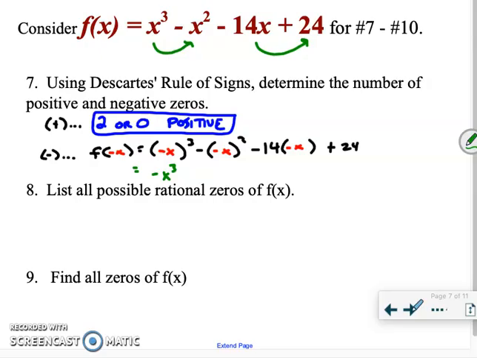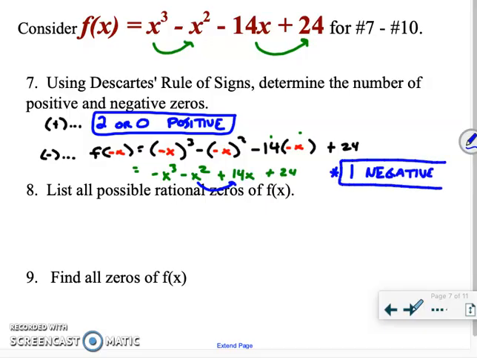Negative x squared is going to become positive, but times the negative up front is still going to be negative x squared. Negative 14 times negative x is going to give me positive 14x, and the plus 24 constant is not adjusted at all. Now that we have f of negative x, I'm going to evaluate my sign changes. From negative to positive, stays positive. So this tells us, kind of running out of space here, that we will have exactly 1 negative real zero.